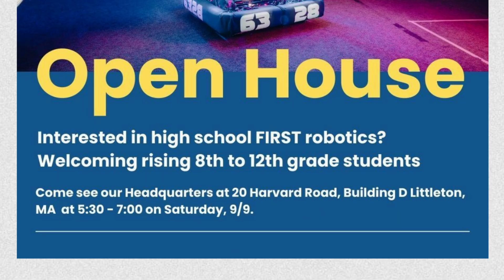In this case, you can see interested in first robotics, welcoming rising 8th to 12th grade students. So in this case, it's smaller, but it's also relatively large. It's bolded, but it's not as big as the hook. So it would be the second thing you'd want people to look at. And then the third thing would be all the information, right?